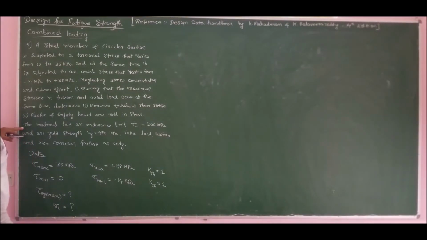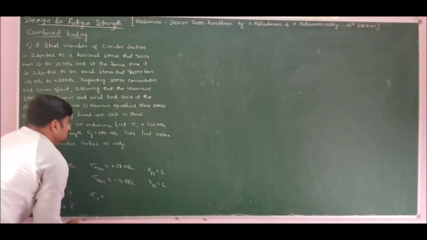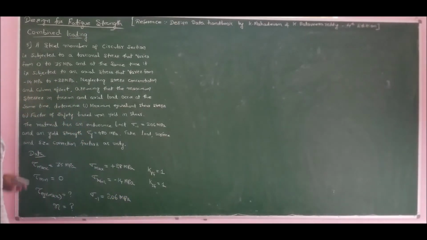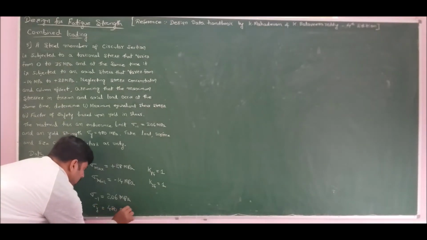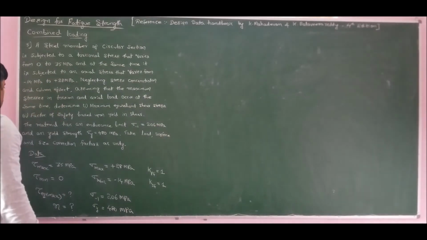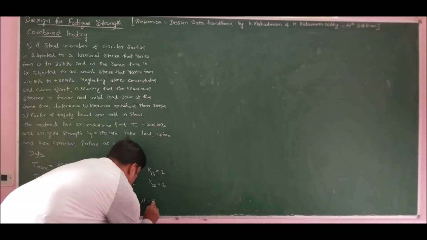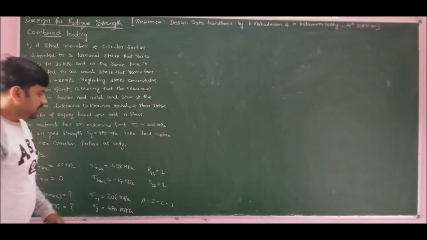He is stating the material has an endurance limit, sigma endurance, of 206 megapascals, and yield stress, sigma yield, of 480 megapascals. Take A, B, C factors as unity. All of these are unity. So this is the data given to us.